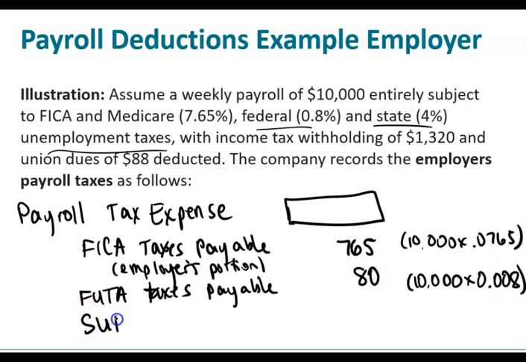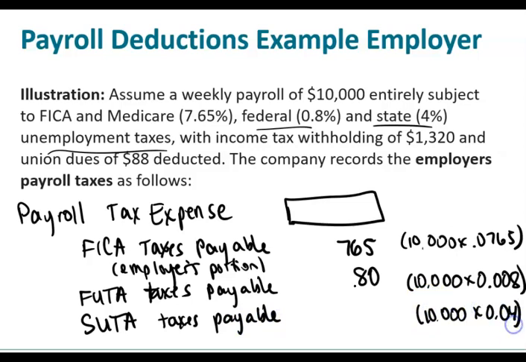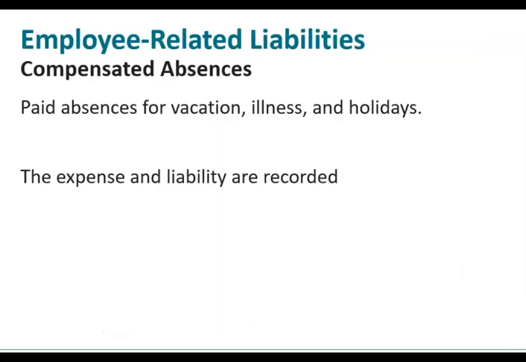And then for the state or SUTA taxes payable, we have 4% of the 10,000, or 400. So what is the total payroll tax expense? I'm going to add up the 765, 80, and the 400, and the total payroll tax expense is 1,245, which should be moved over because that is, of course, a debit. It should be shown separately from the credits. 1,245.